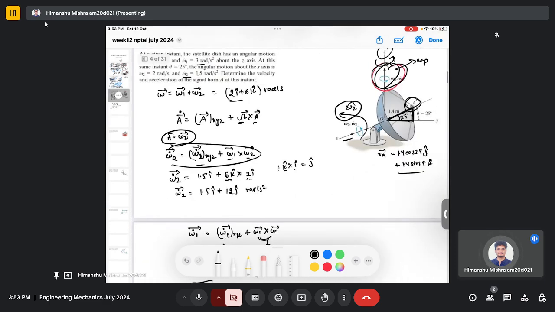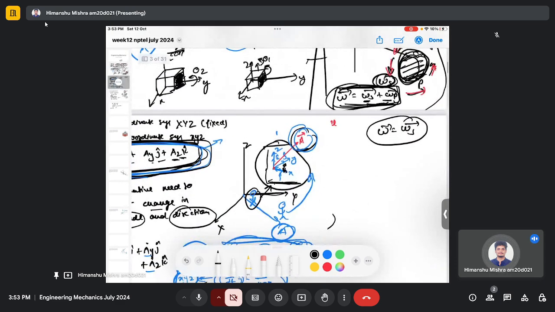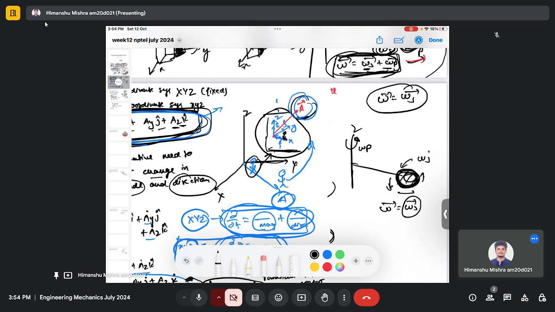So until now we are following the concept that we have discussed. Just to recap, if you have a disk rotating with some angular velocity omega s, then the angular velocity of this disk will be just omega s. But let's say you have another rotational motion going on along the z axis, this is omega p, then the resultant rotation of this disk is not just omega s, it will be omega p plus omega s in vector form.